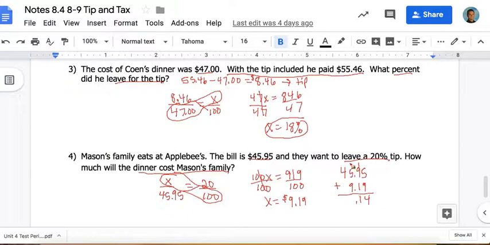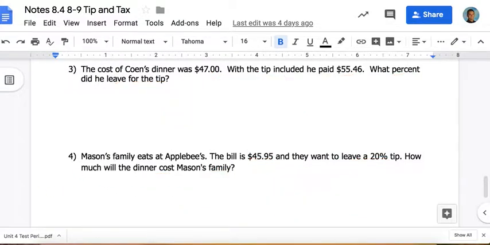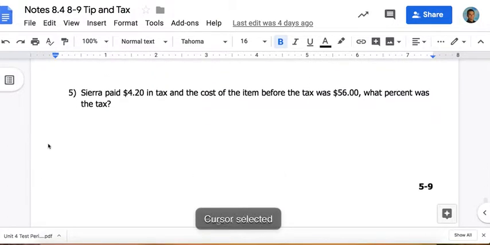Bring down the decimal and carry the 1. 1 plus 5 is 6. 6 plus 9 is 15. Carry the 1. And 1 plus 4 is 5. So the total cost of the meal is $55.14.